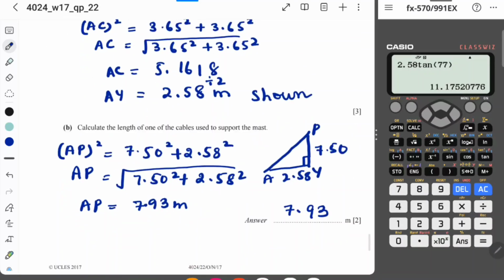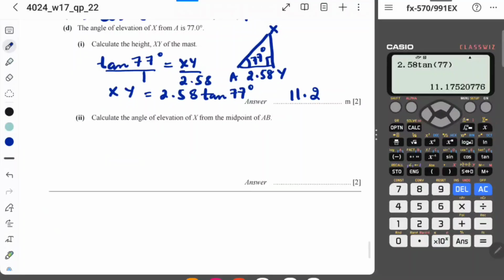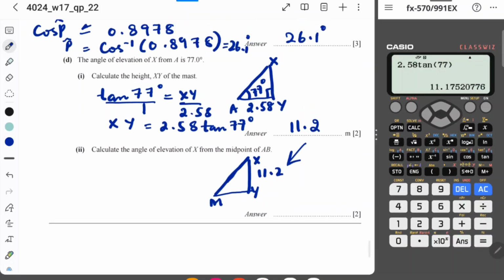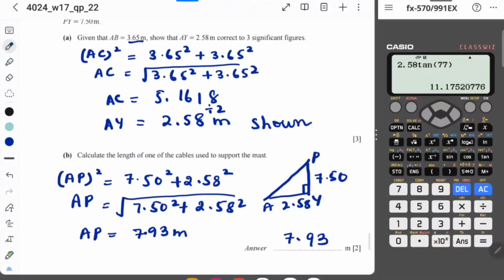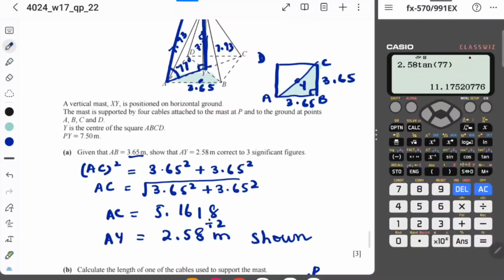Draw a new diagram for this one: XY, which is 11.2, we have found above, and then the midpoint of AB, and AB was 3.65. Yes, your AB length was 3.65 here. Make the half of it.